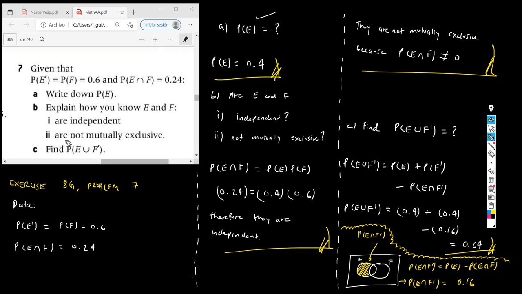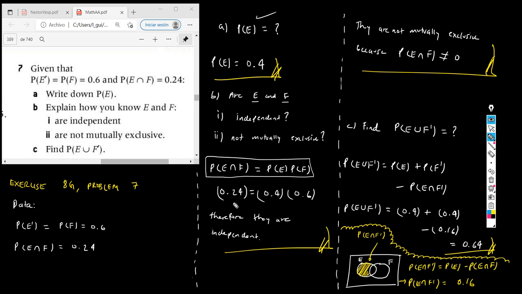And then question B, explain how you know E and F are independent and how you know that they are not mutually exclusive. So first, how do I know that this and this are independent? Well, I know because this equation is satisfied for E and F. That is, the probability of their intersection is equal to the product of their probabilities.